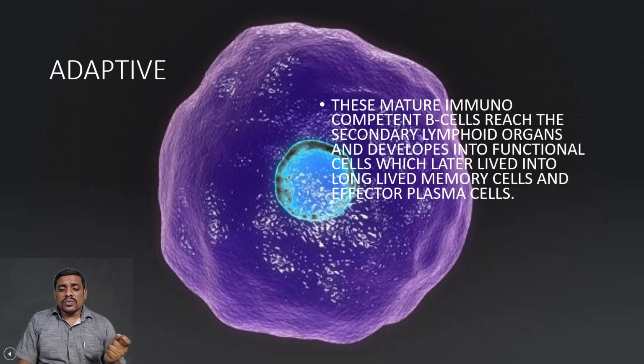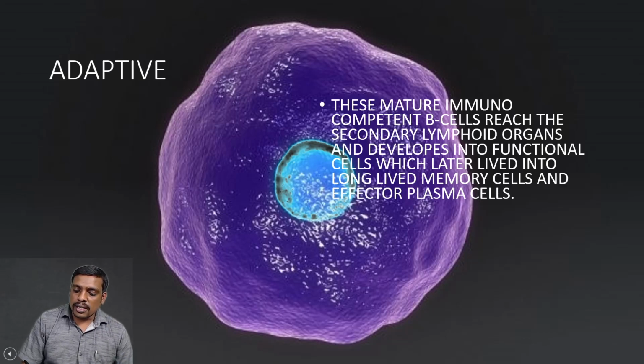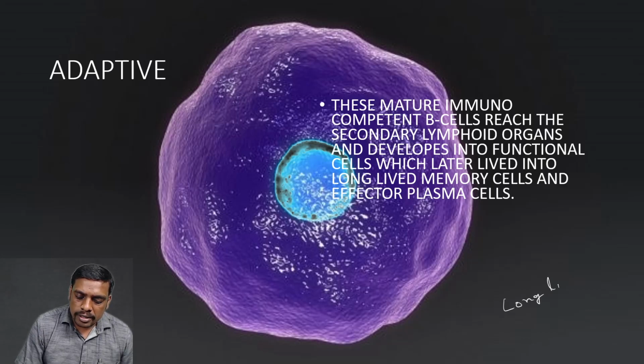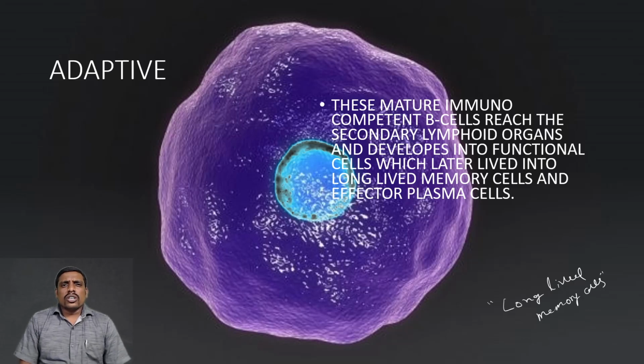The functional cells later transform into long lived memory cells. So let us mark here long lived memory cells. These are active cells which participate in adaptive immunity.